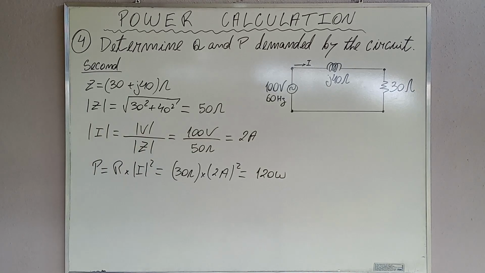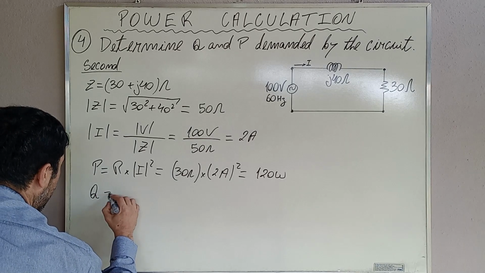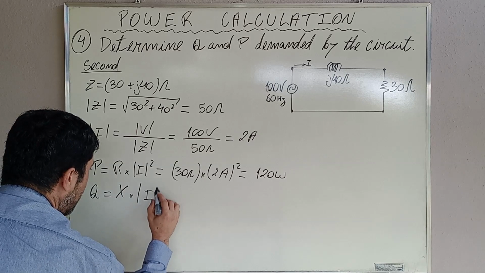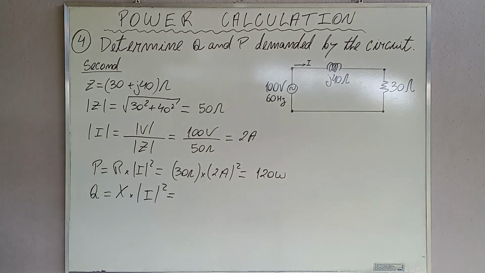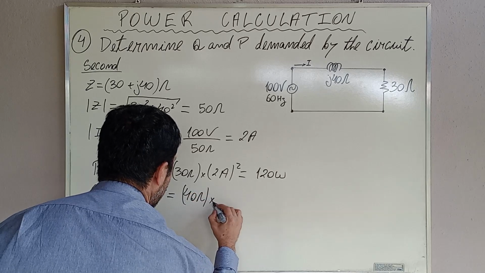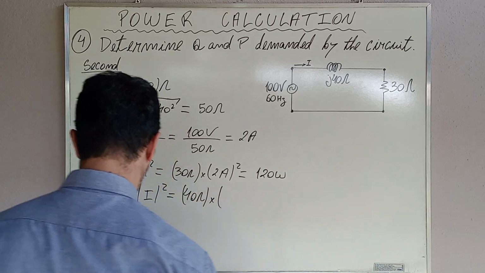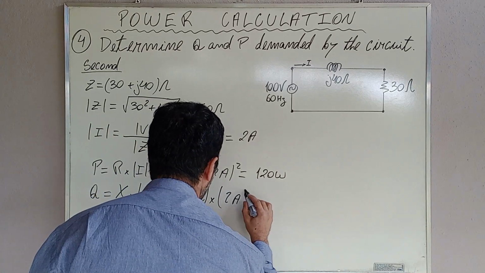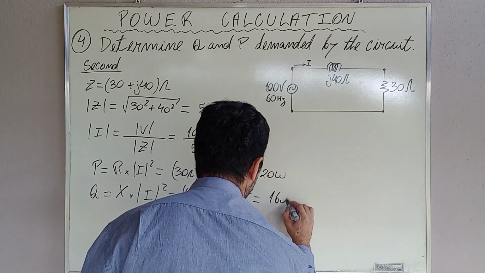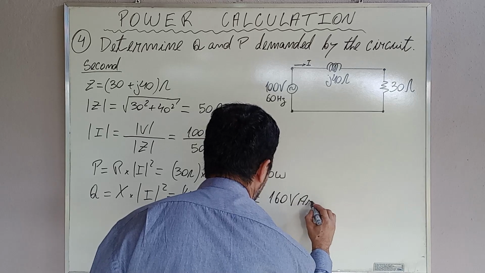Likewise, we can calculate Q. Q is equal to X times the magnitude of the current squared, that is 40 times 2 amps squared, and this is equal to 160 VAR.